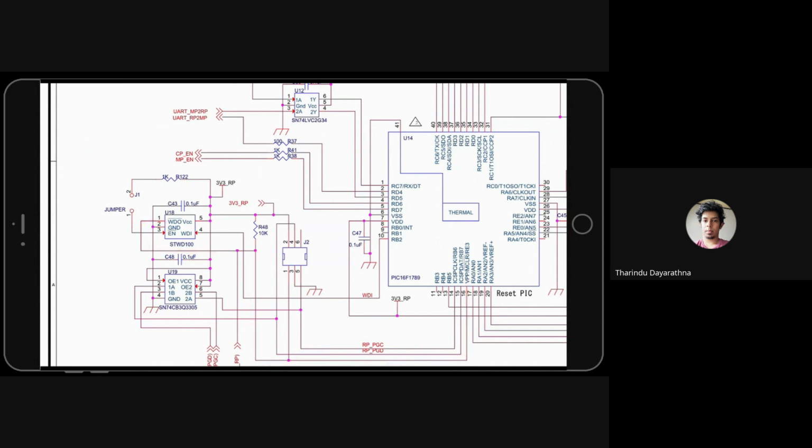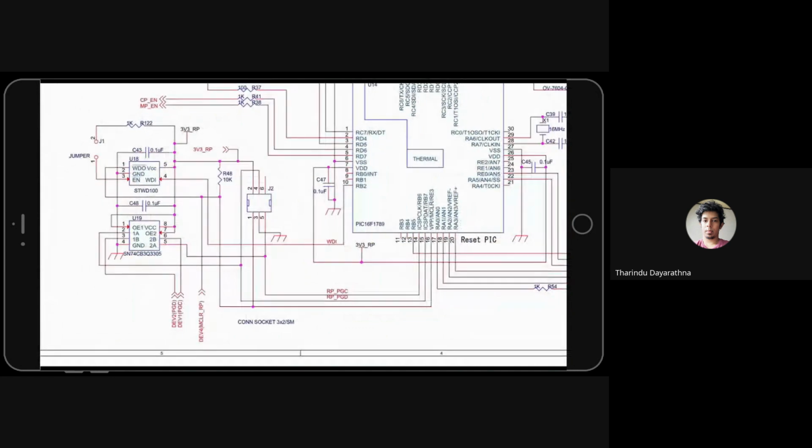Understand? This is the small connector I told you before. Using this connector, you can program the PIC, because you can see PGC is connected, PGD is connected here, MCLR is also connected somewhere here, and ground and 3.3 everything there. So you can plug a connector here and do it.